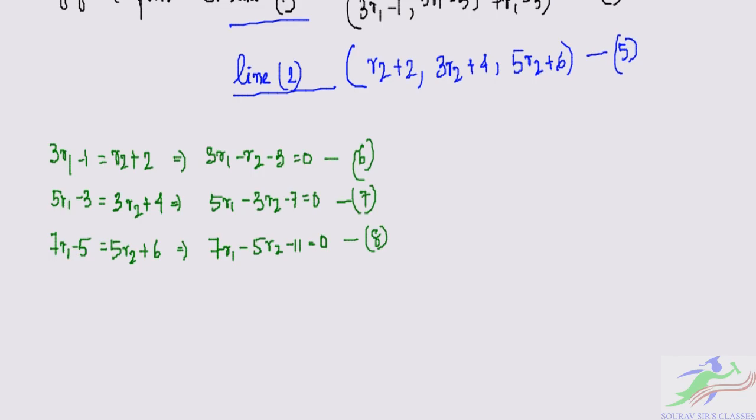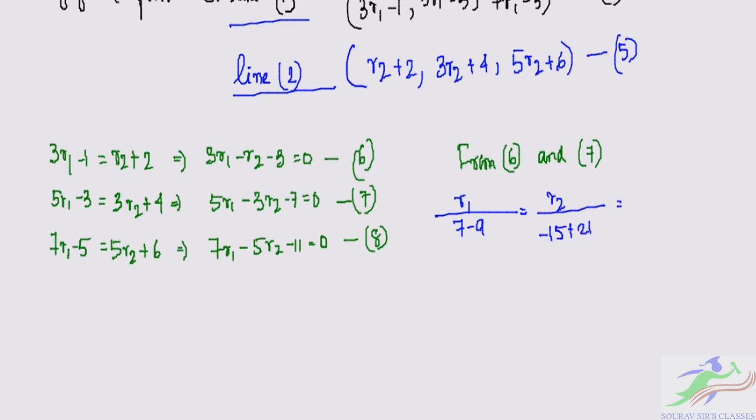So we have 2 unknowns and 3 equations. Simply from equations 6 and 7 we can find the values of r1 and r2. So r1 by (7 minus 9) equal to r2 by (minus 15 plus 21), equal to 1 by (minus 9 plus 5).